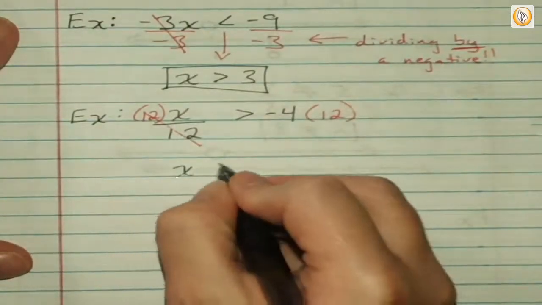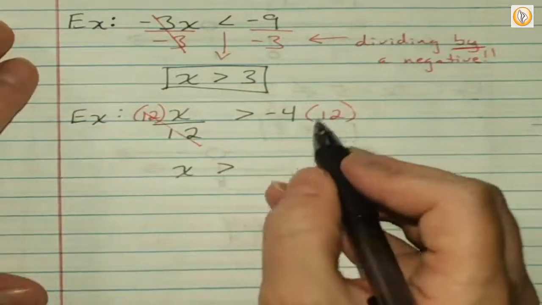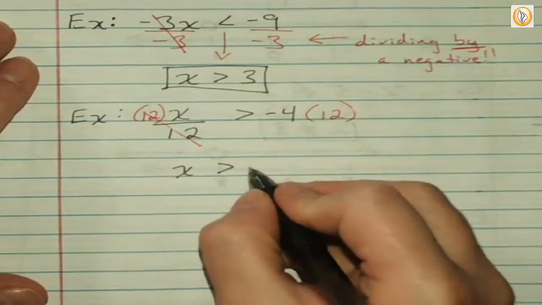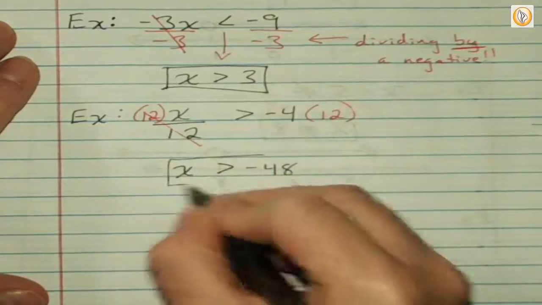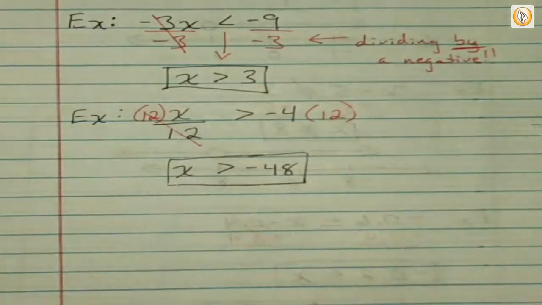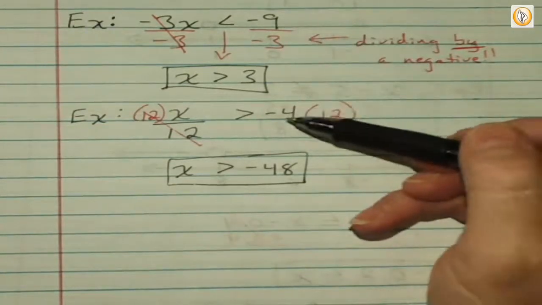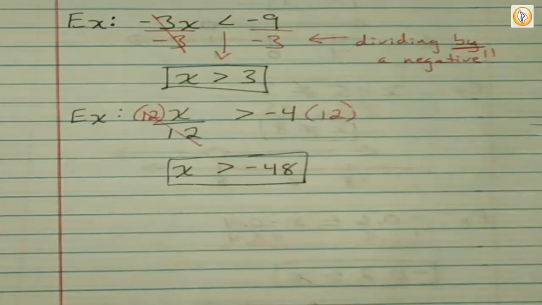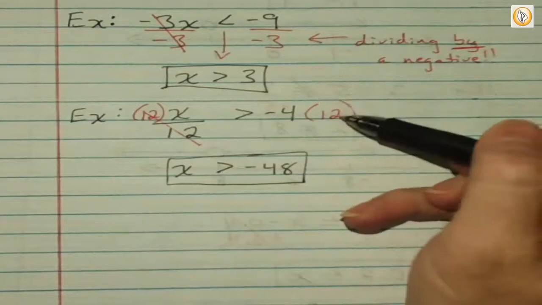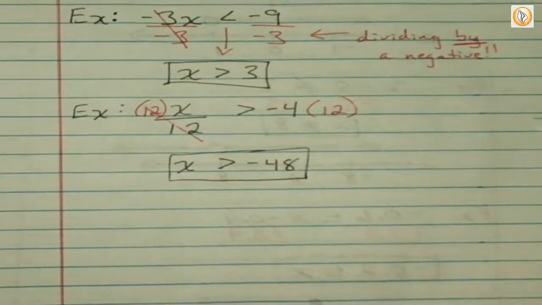So x is greater than, Cecilia, what is 12 times -4? -48. Bingo. So please be careful. Just because this 9 is negative and this 4 is negative does not mean you flip the sign. Only if what you're doing it by is negative. Any questions?